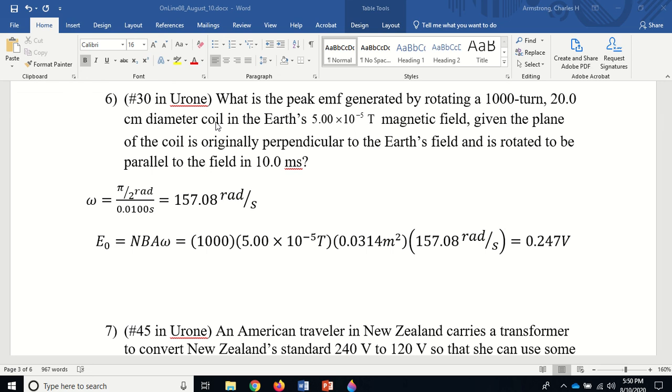Yeah, 0.01 meters squared times pi. You can do that in your head: 3.14 times 0.01 is 0.0314. All right, and then you've got the radians per second here, and you're going to generate 0.247 volts.